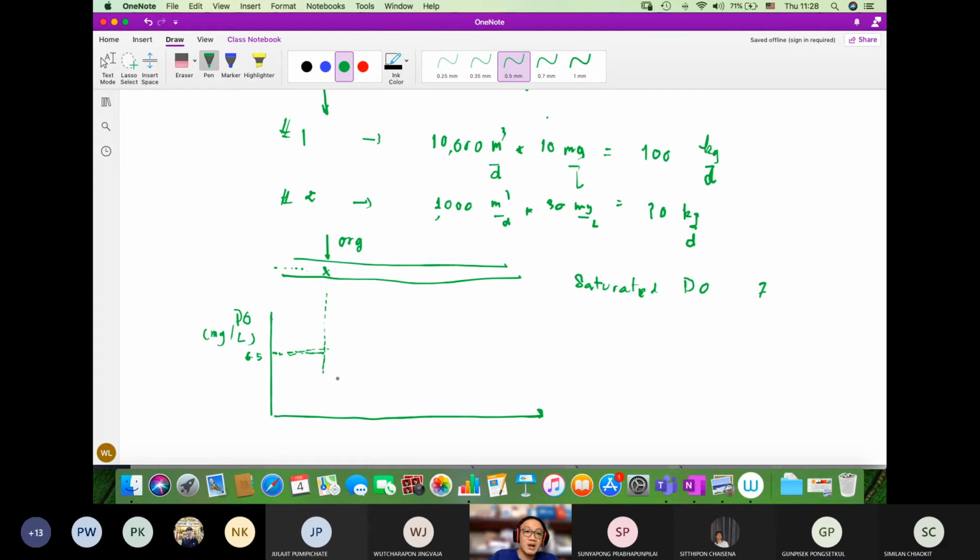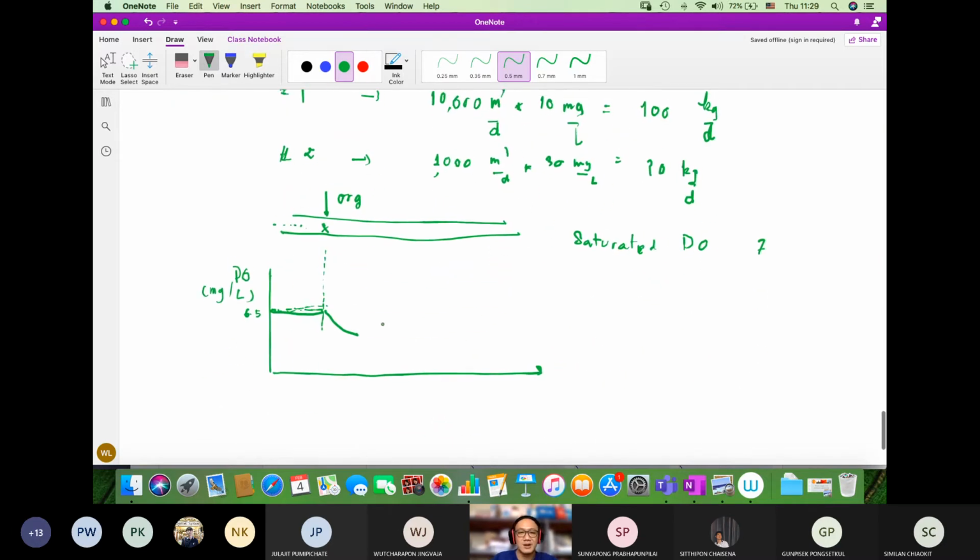So what will happen to the oxygen? Some of the oxygen gets utilized, so the oxygen will gradually drop from a constant value.